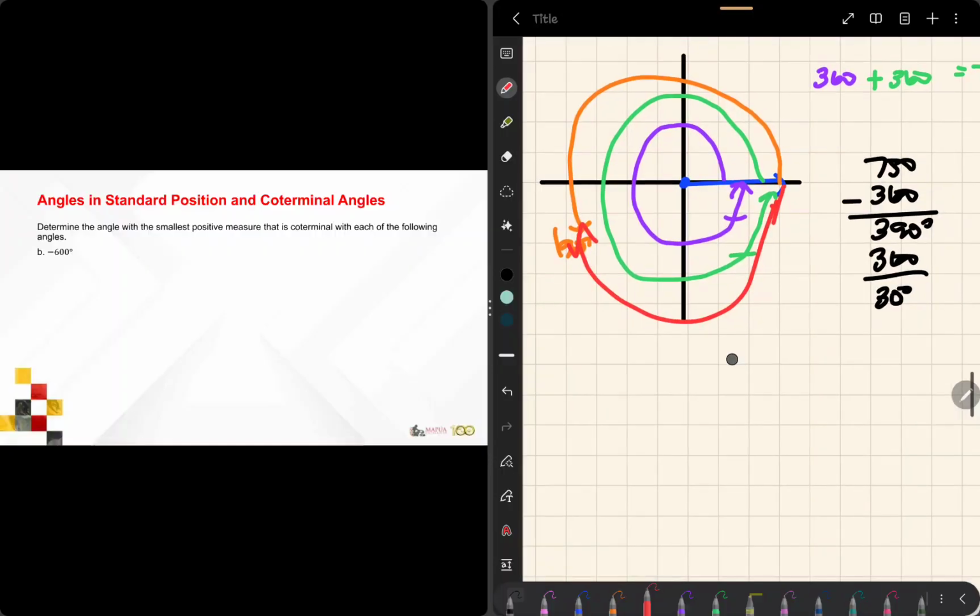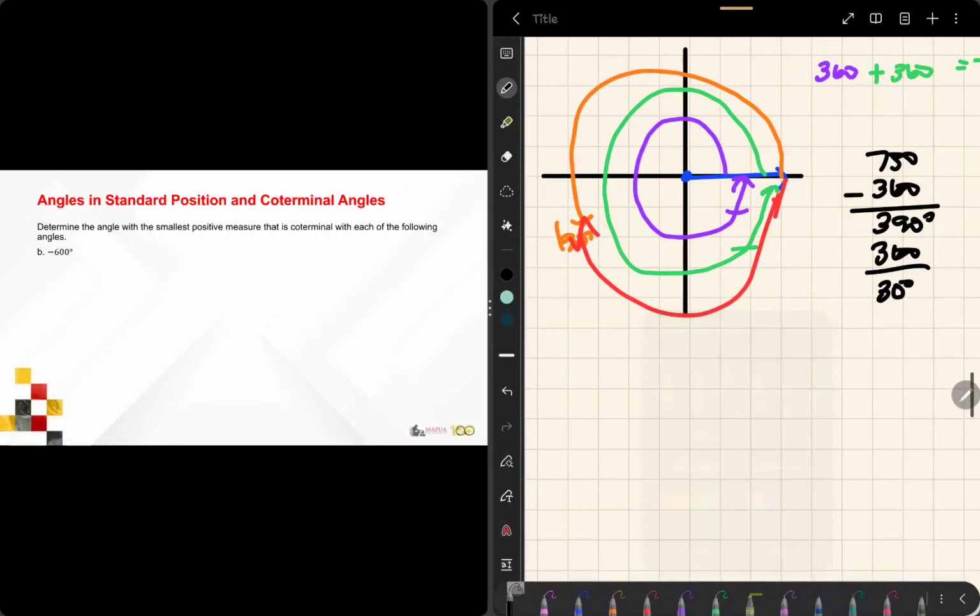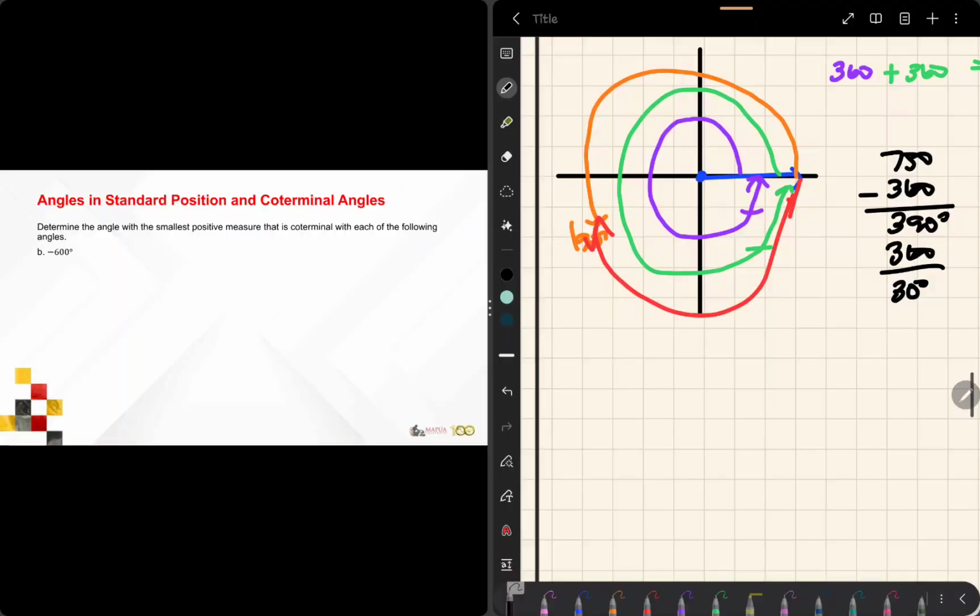So again, for negative 600 degrees, let us rotate this negative 600 degrees. If we have a negative angle, we just simply add a positive 360 degrees. So when we add 360 degrees, we will get negative 240 degrees.